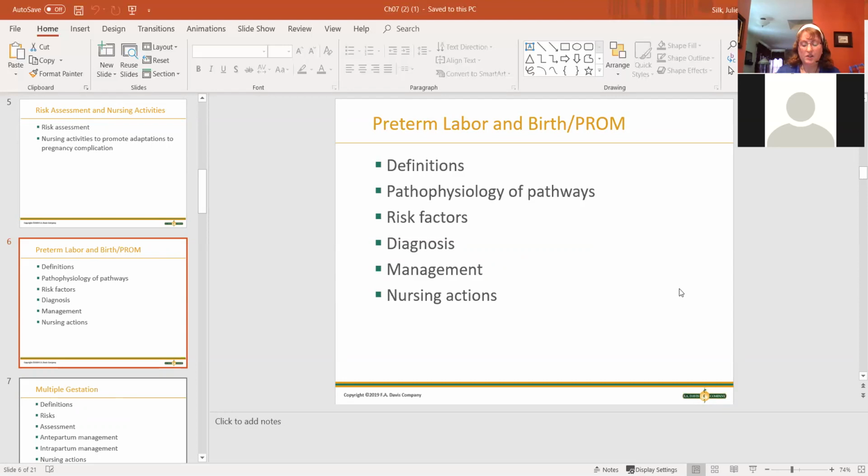Another is decidual activation and distension. The third thing was premature activation of your normal physiologic initiators of labor. And the fourth thing was inflammation and infection in the decidua.